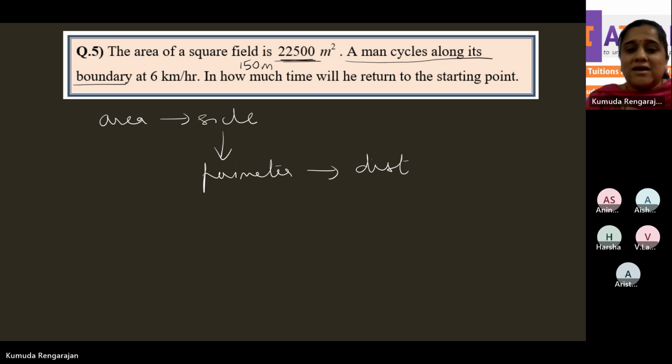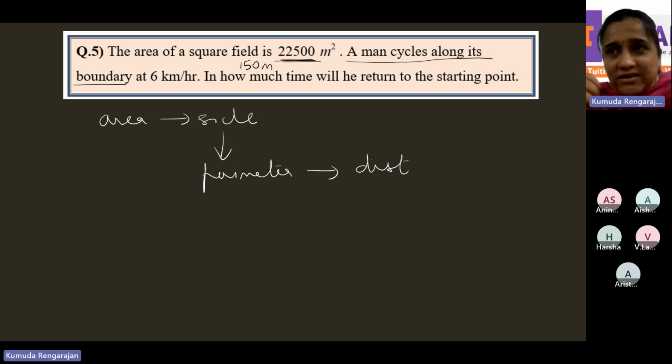Using area, you can find the side. Using the side, you can find the perimeter. Why are we finding the perimeter? Because he's cycling along the boundary. What does perimeter indicate in this situation? It's the distance cycled by the man.